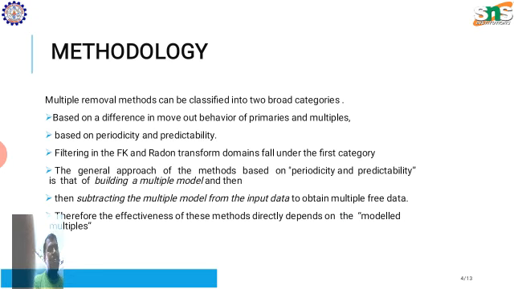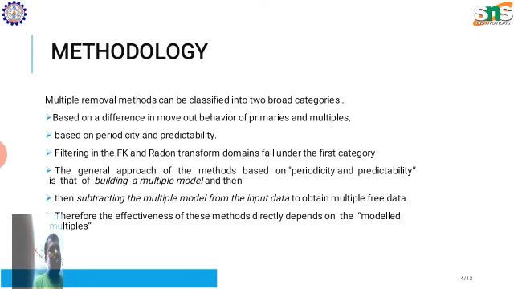Filtering in the FK and Radon transform domains fall under the first category, whereas Tau-p domain deconvolution and SRME belong to the second category.